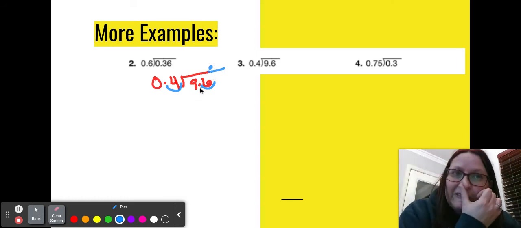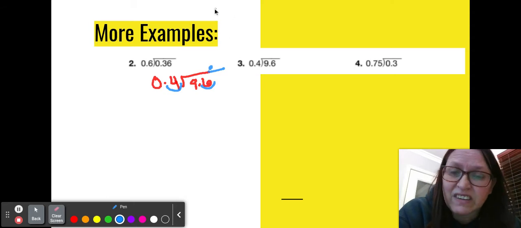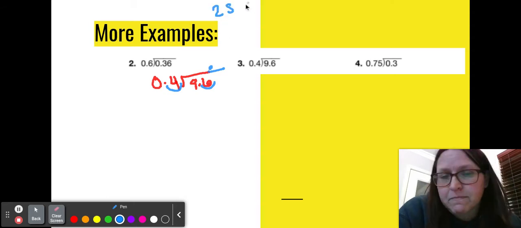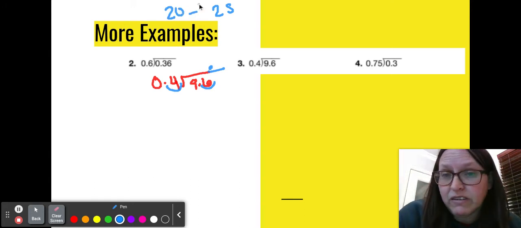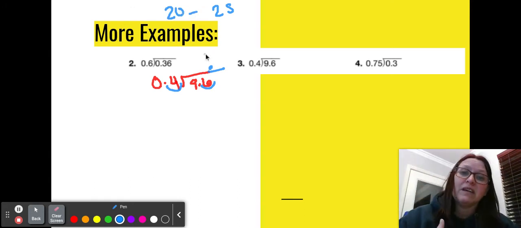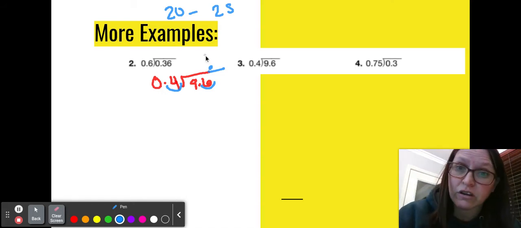4 goes into 96. I know that 4 times 25 is 100. So I know it's between 20 and 25, because 4 times 20 is 80, and 4 times 25 is 100.